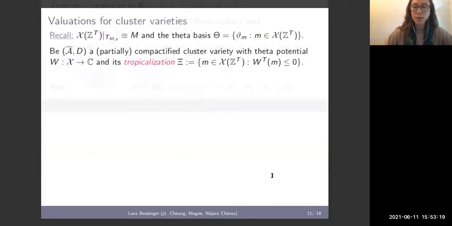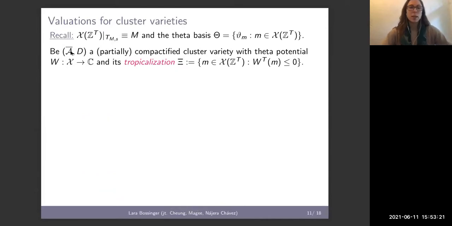So let's write this out a bit more generally. My X tropical space is now still identified with the lattice, and inside the theta basis for the non-compact cluster variety consisted of all theta functions associated to simply all lattice points I have in the X tropical space.